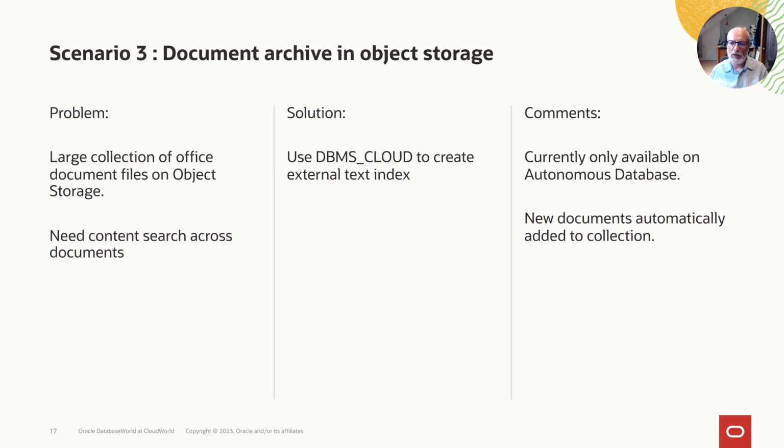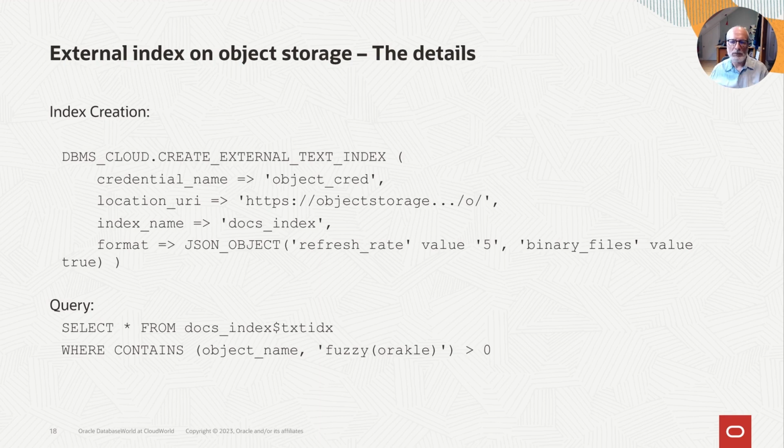Now, this is currently only available on Autonomous Database. And it has a sort of built-in crawler so that once you've created the index, you don't have to worry about maintaining it. As you add new documents to object storage, they will automatically be identified and indexed and made available for search. So let's look at the code to do that.